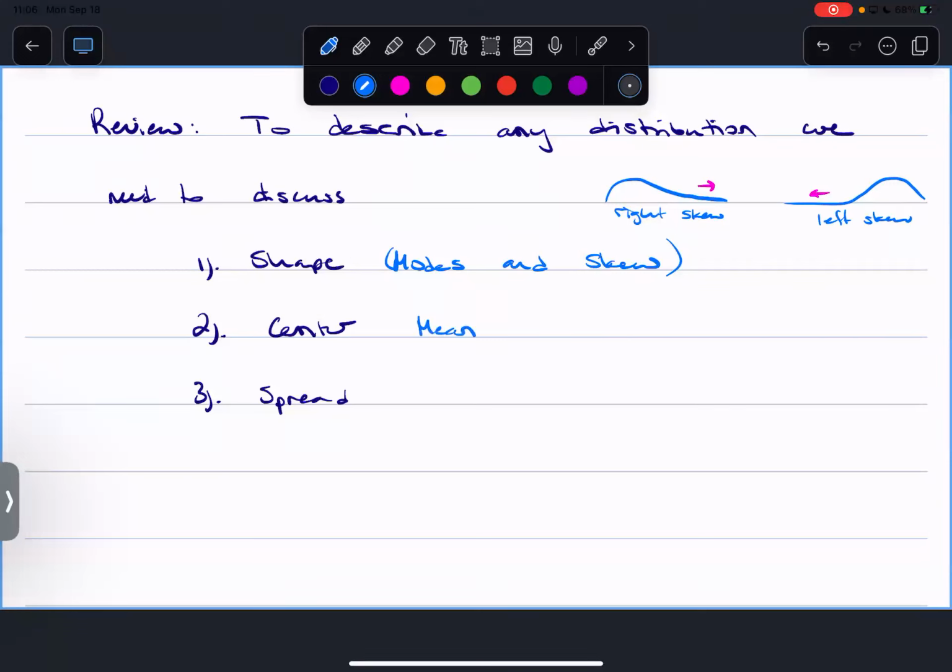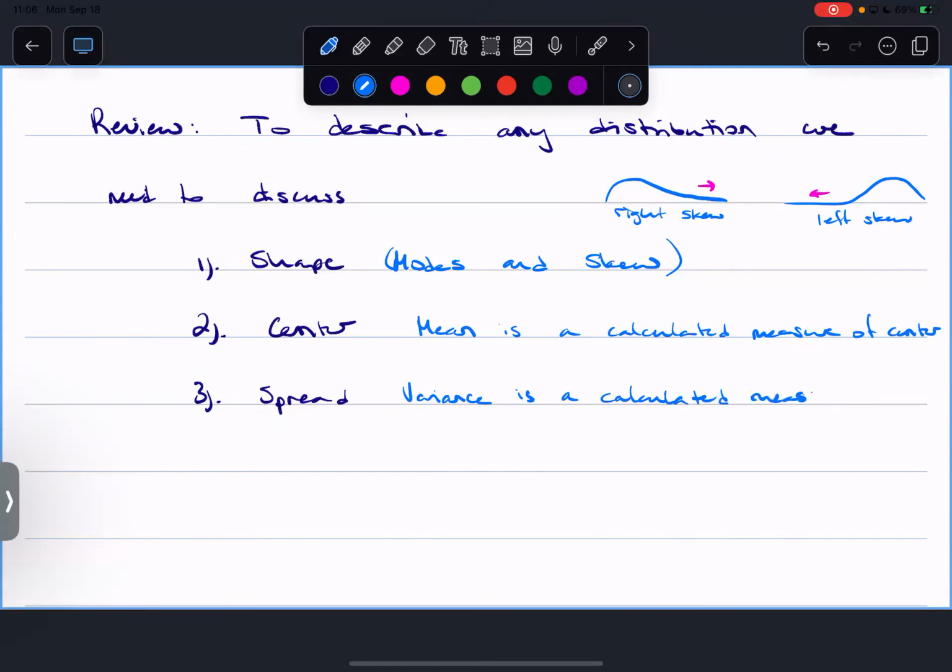The mean is a calculated measure of center. And that's where the variance comes in. The variance is a calculated measure of spread.